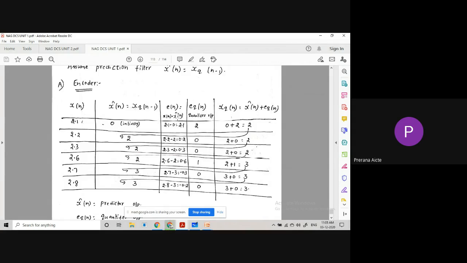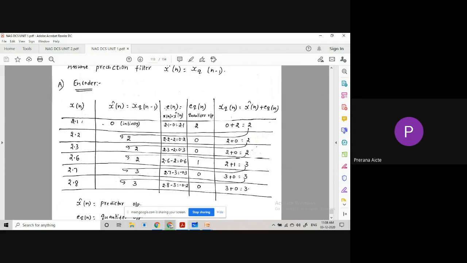Then what is the first step? We are going to find the error signal, that is the comparator output. The error signal is the input signal minus the prediction filter output. So e of n equals x of n minus x cap of n, which is simply 2.1 minus 0, which is 2.1.